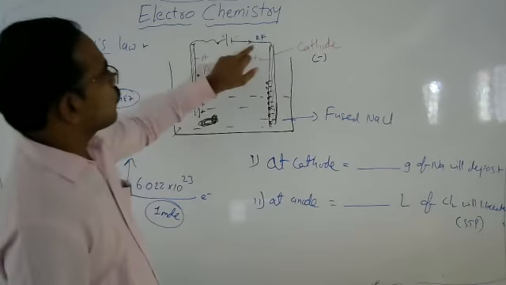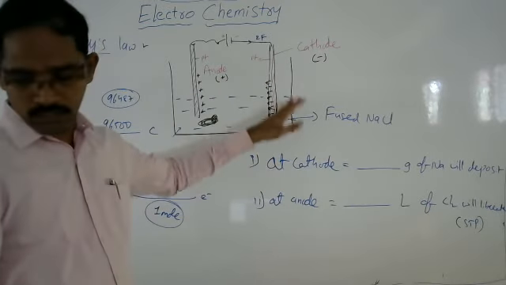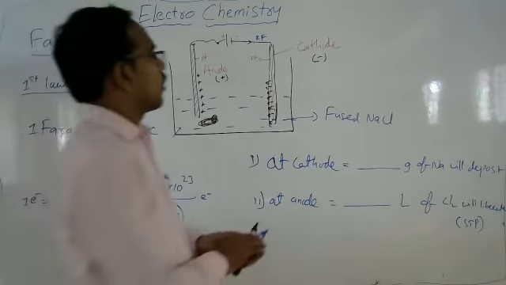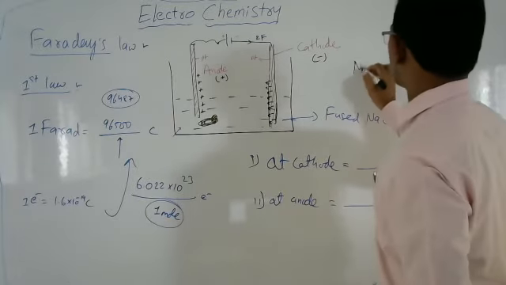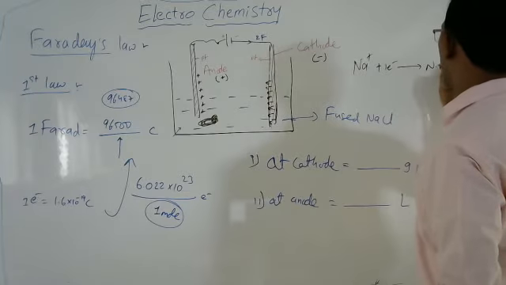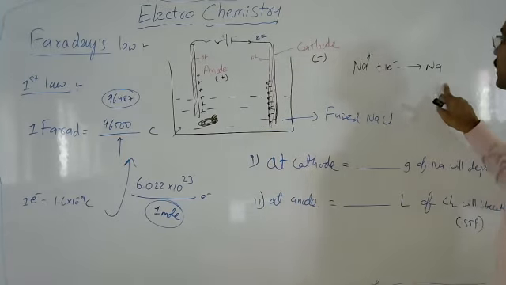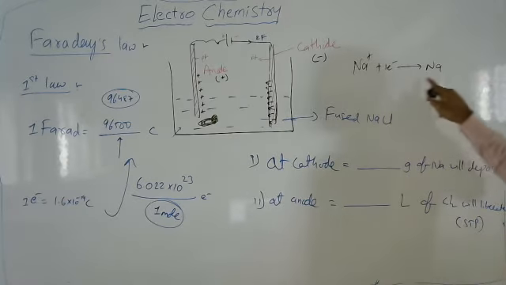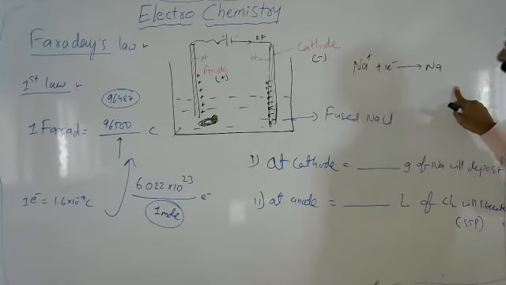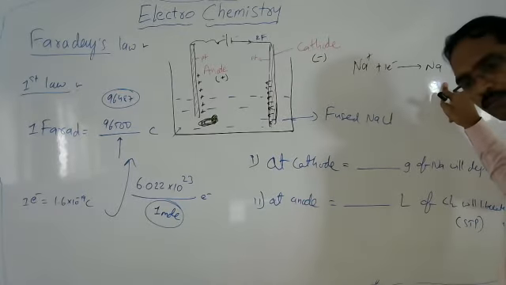If I use 1 farad, 1 mole of electrons, Na plus requires 1 electron and forms Na. If I use 10 electrons, 10 sodium will deposit. If I use 1 mole of electrons, 1 mole of sodium will deposit. If I use 2 moles of electrons, 2 moles of sodium will deposit.